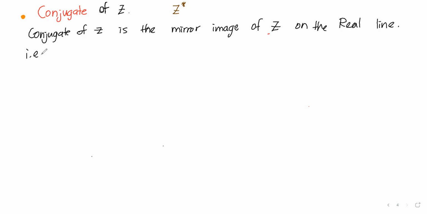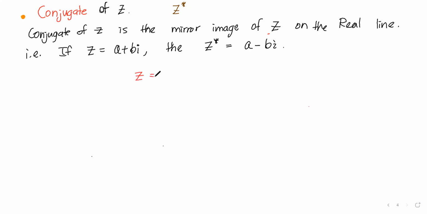That is, if Z is equal to A plus BI, then Z star is A minus BI. Let's write that in red.